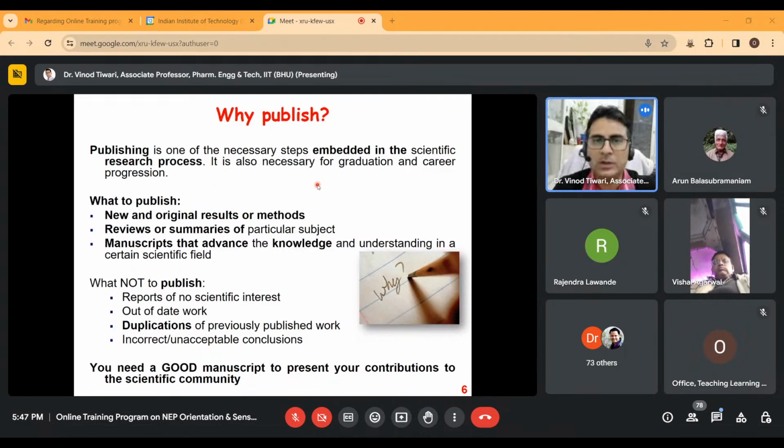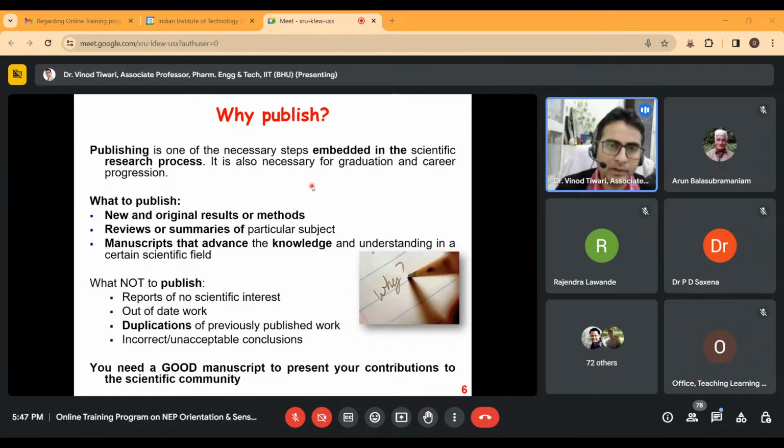We all know that for a PhD student, although recently UGC has come out with a guideline saying that for PhD it is not mandatory to publish your work, still in many institutes, especially some of the IITs or NITs or ISERs or some other institutes, it is still mandatory in India to publish your PhD research work if you want to get your PhD degree.